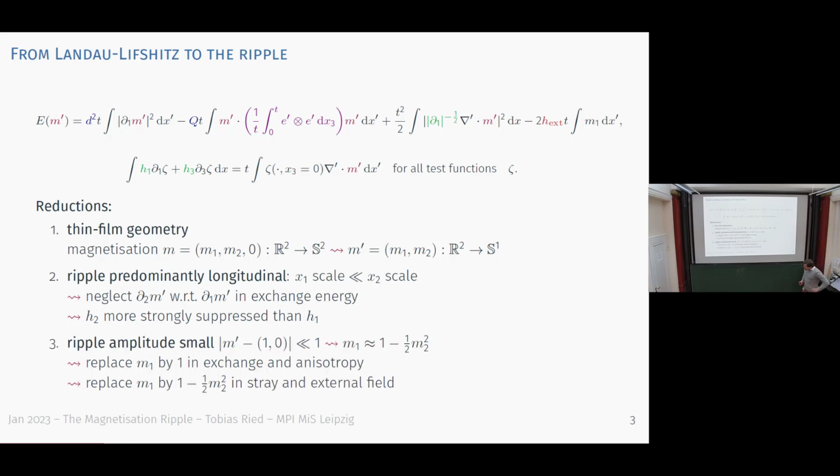And let me further assume that the ripple amplitude is small, so we're really dealing with small oscillations around the state that is given by the external field, namely the 1,0 magnetization. So if we assume that, we can do two things. First of all, we can use the unit length constraint and just expand the square root, so m1 being given by the square root of 1 minus m2 squared, expand the square root to approximate m1 by just 1 minus 1/2 m2 squared.